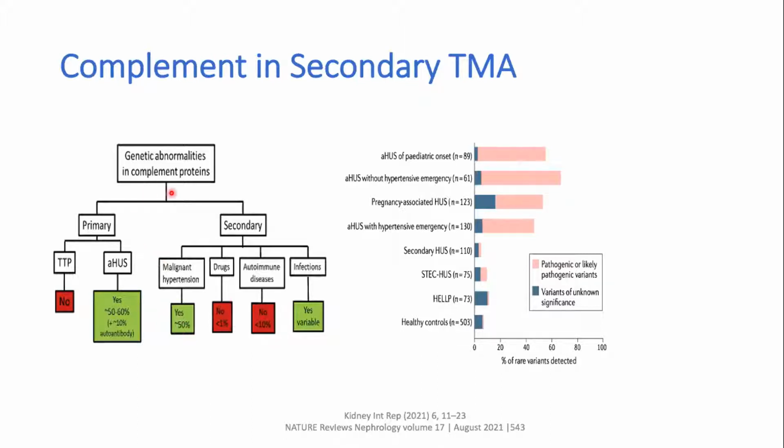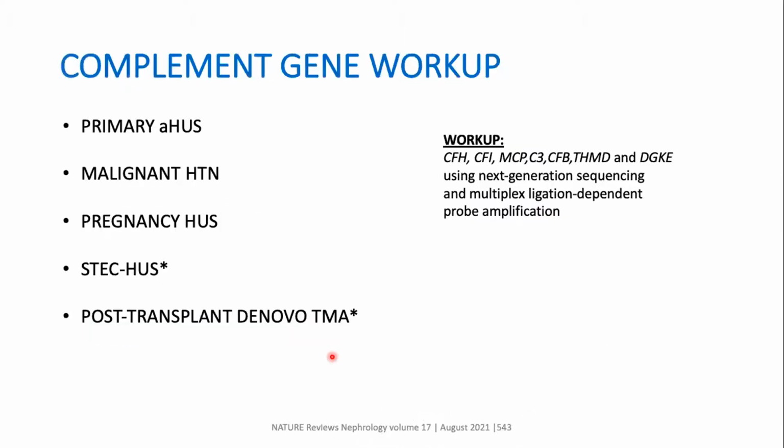So it is important to look for complement gene abnormalities, because this group actually benefits from the definitive treatment, that is eculizumab. Apart from these two groups, some infection-related TMAs and autoimmune diseases also have underlying complement gene abnormalities.